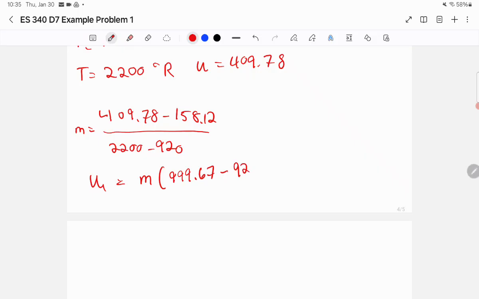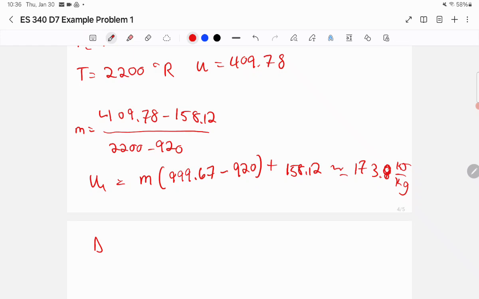So we could use 920 if we wanted to, plus 409, oh, that would have to be plus 158.12. And I get this to be approximately 173.79, or 173.8, I guess, kilojoules per kilogram.